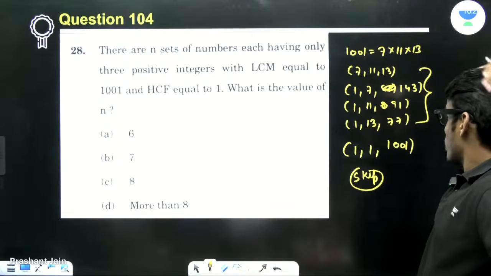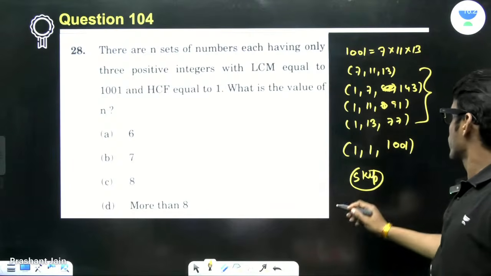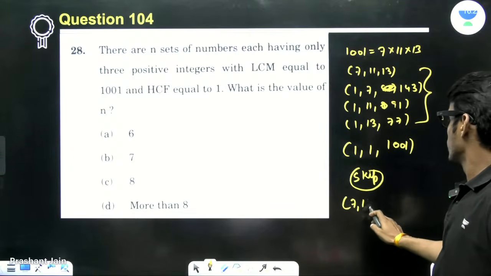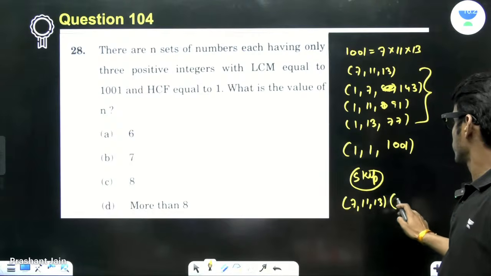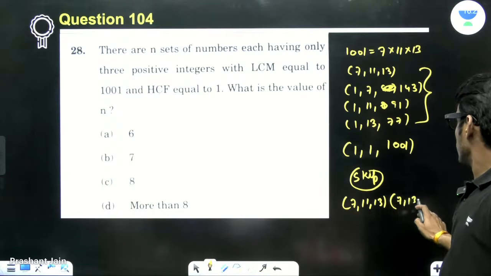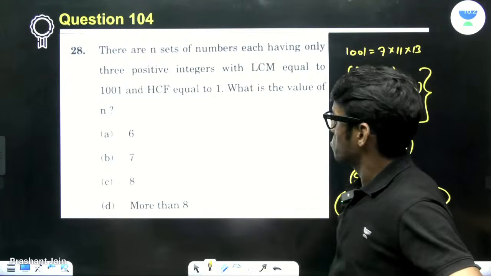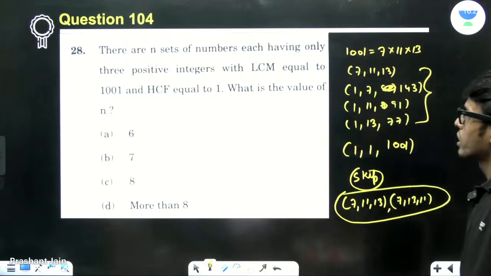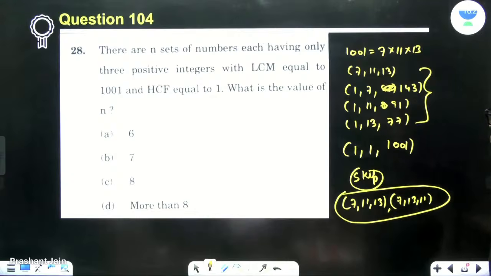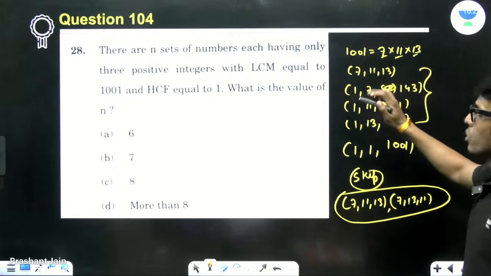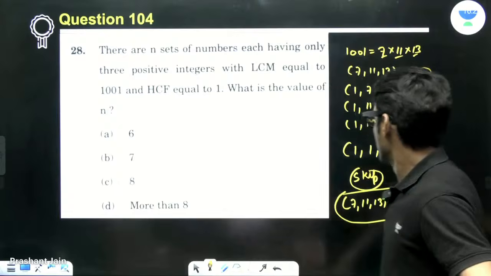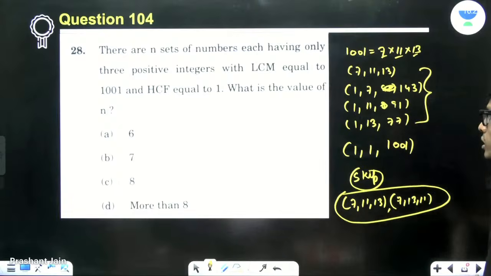I'm pretty sure they are considering the arrangements as different. That is how they are getting more than 8. Otherwise, how do you get more than 8? All these three are prime numbers only. You cannot further disintegrate them. So this is a skip problem.